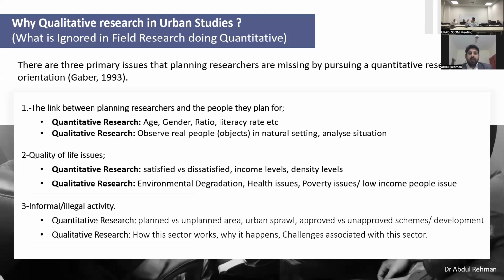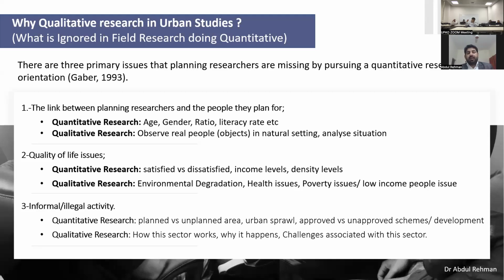In quantitative research, we go for age, gender ratio, literacy rate. These are statistics, different numbers. On the other side, in qualitative research, we observe people in real life or analyze the situation. That's the missing link. That's why we have to go for qualitative research in urban planning and architecture.